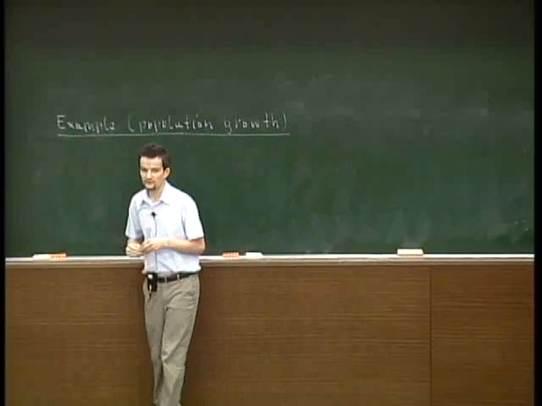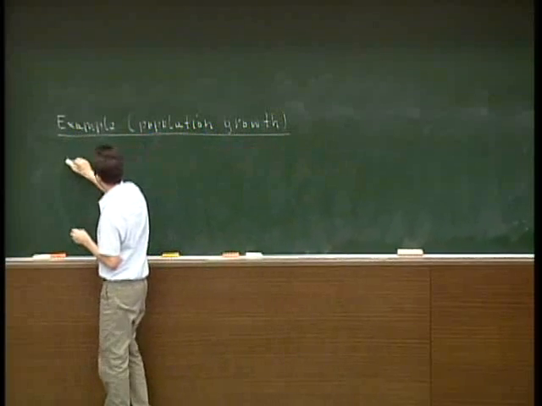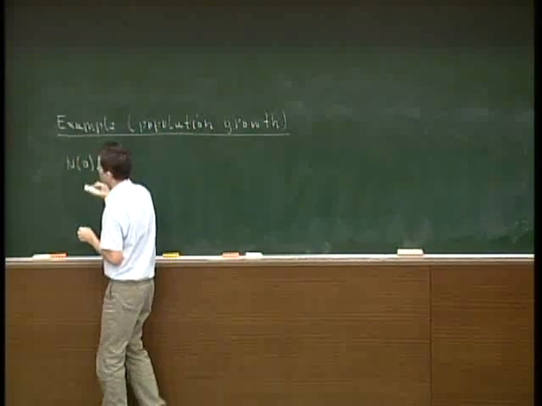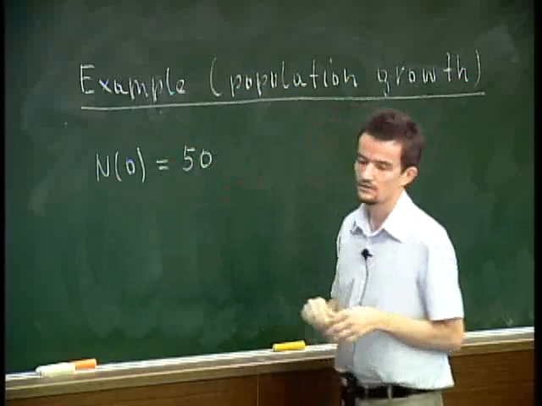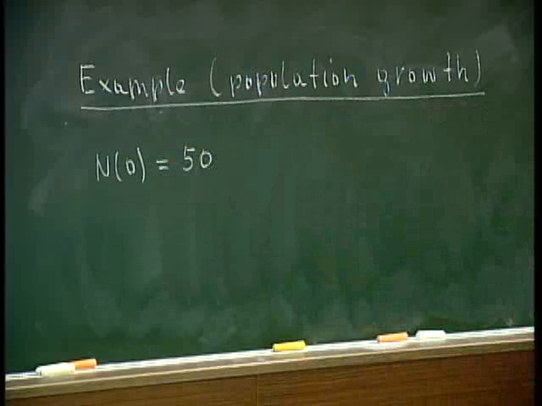For instance, consider a population where the number of individuals at time 0 is equal to, let's say, 50. And you know that the population will double every hour.